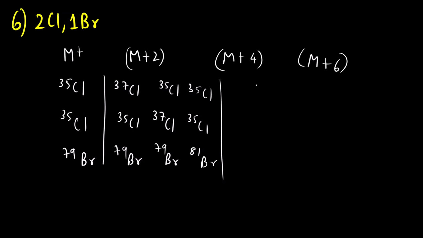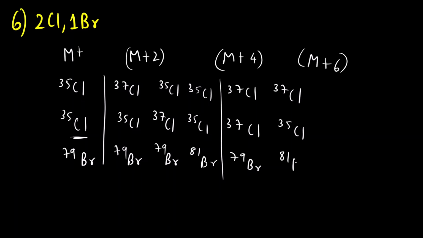Now M plus 4, what can we do? Now we have to increase 2 atoms by 2 units and keep the third one the same. Let's say I increase the mass of the first 2 isotopes first, 37 Cl, and keep 79 Br as it is. Now let's say I keep the middle isotope the same, 35 Cl, and increase the remaining 2 by 2 units, 37 Cl, and 79 becomes 81.